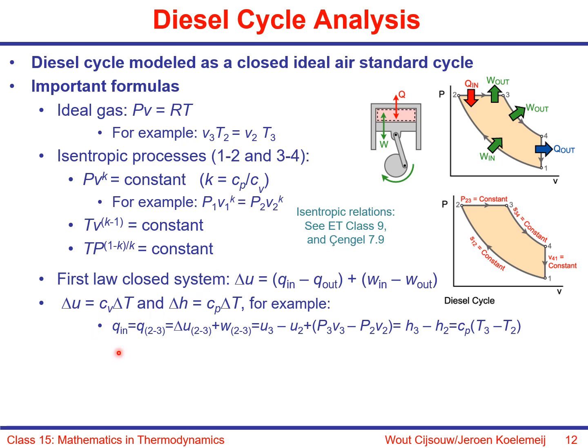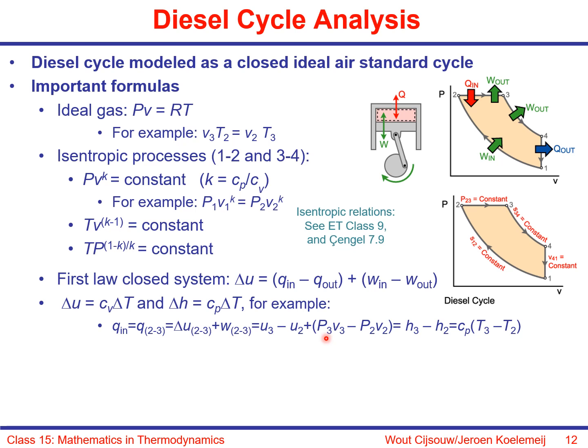For example, the input heat can be expressed using the first law of thermodynamics. It can be expressed in terms of an internal energy change and work that's done. This delta U here, that's U3 minus U2. The work that's done, that's actually P times delta V. And this doesn't really look like P times delta V, but you have to realize that P3 and P2 are actually the same.